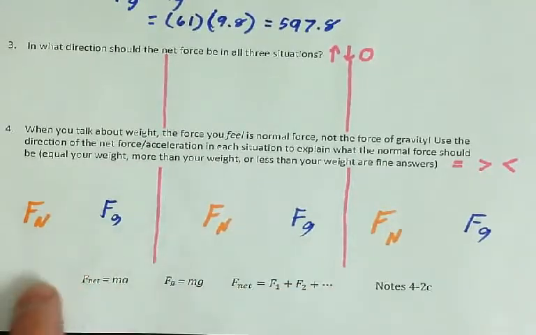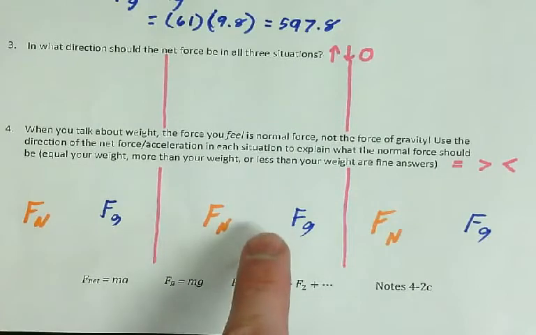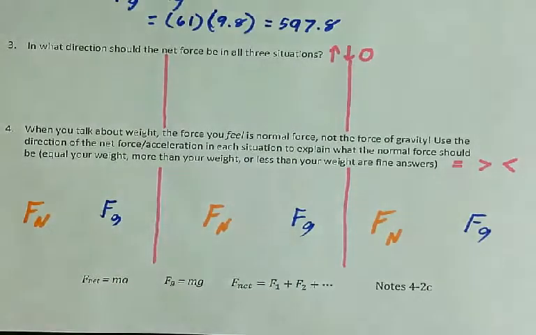Is the normal force larger in the first scenario, or is gravity, or are they the same? Is normal bigger, gravity, or the same? That's what you want to do. So go ahead and, as a team, decide.